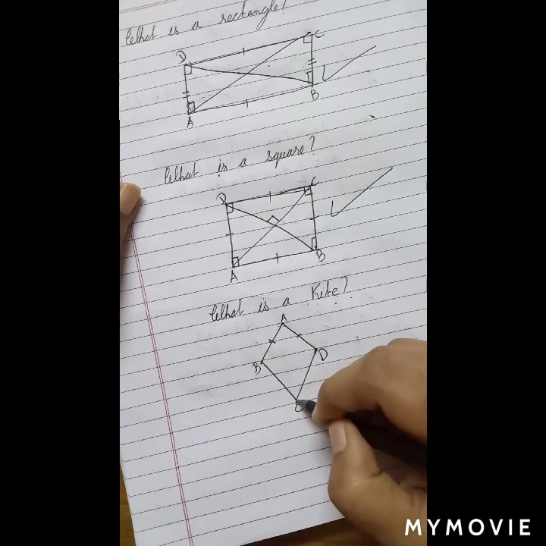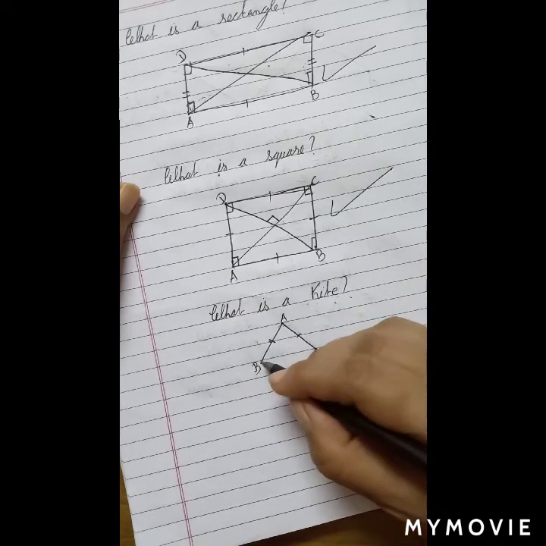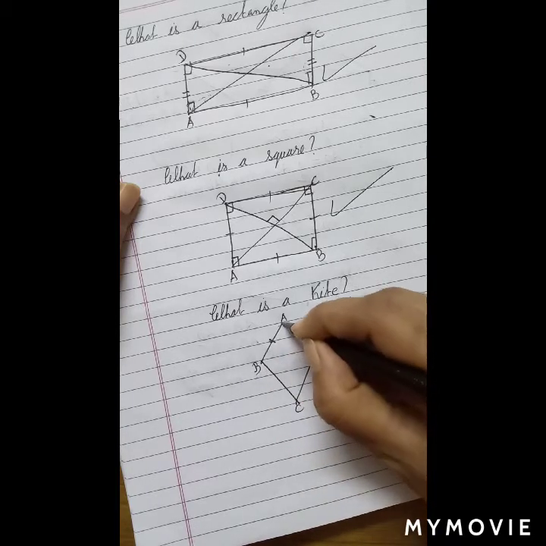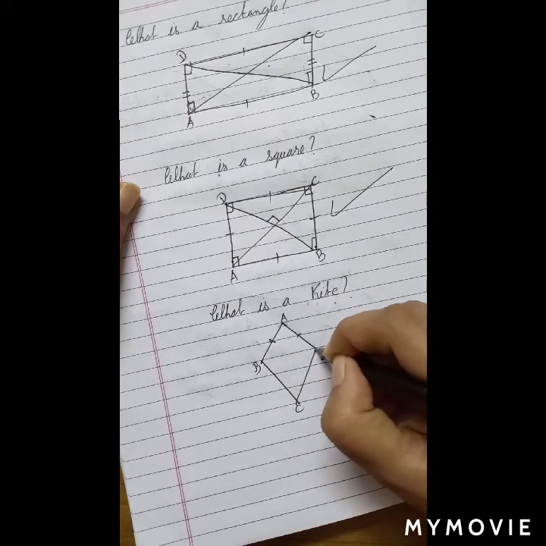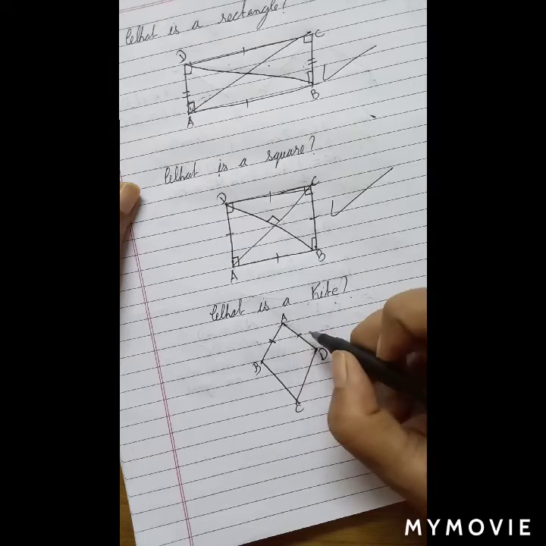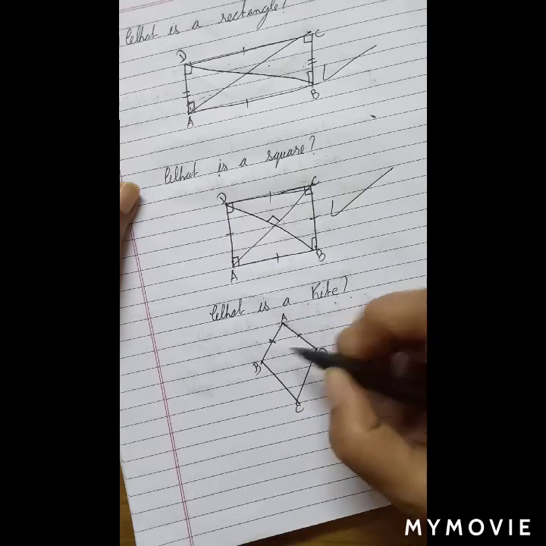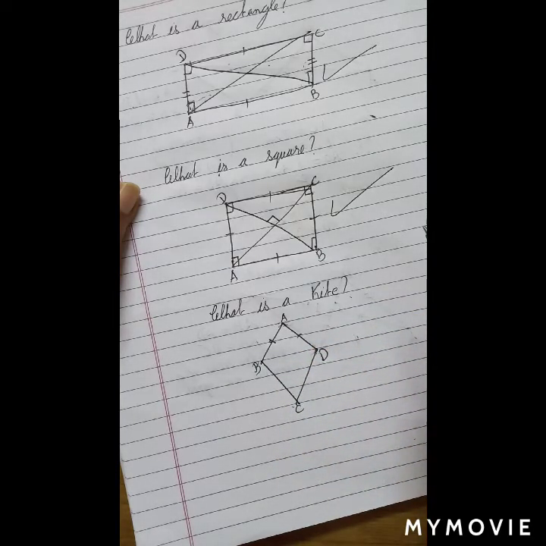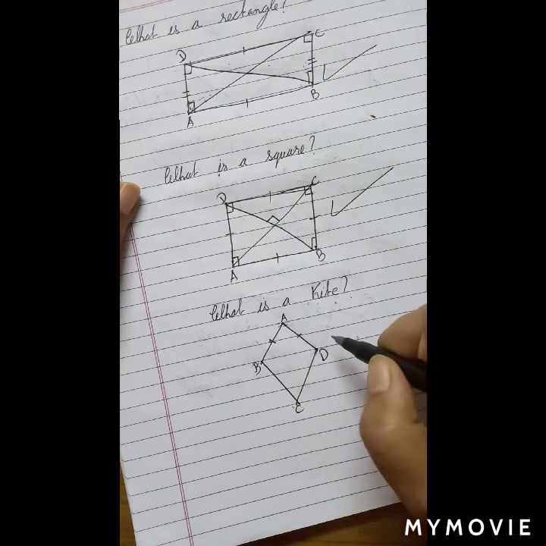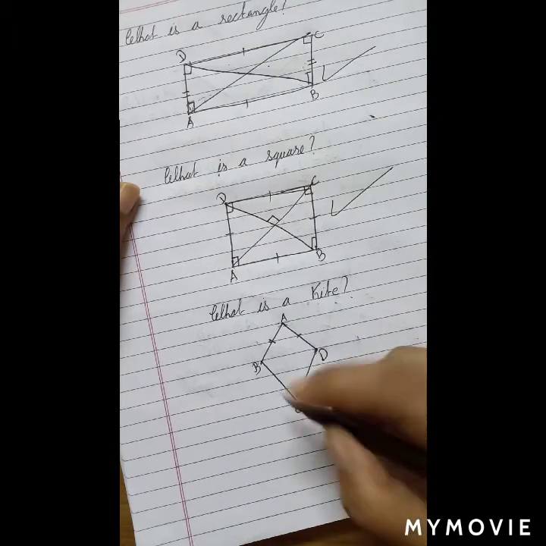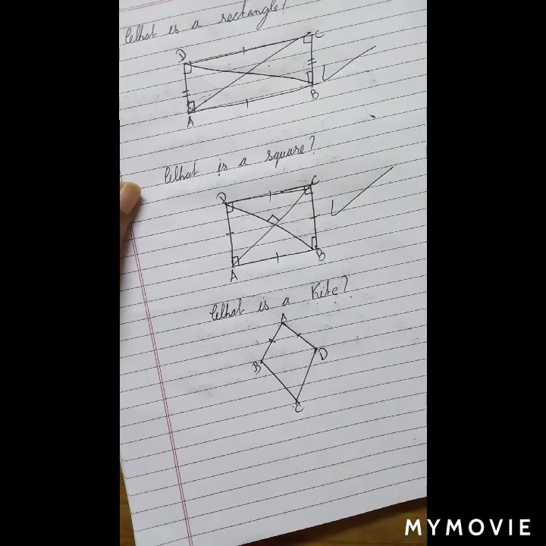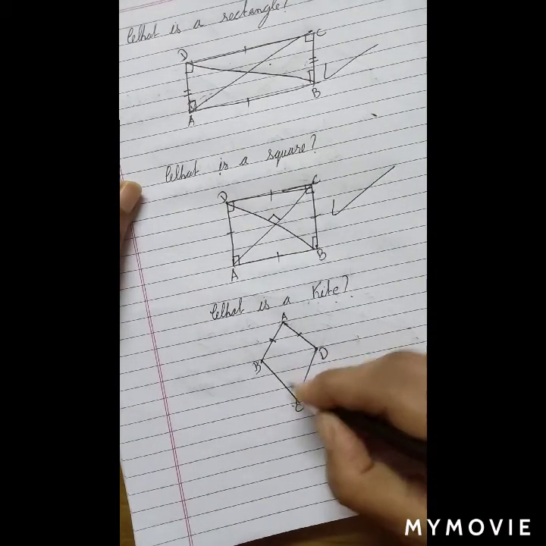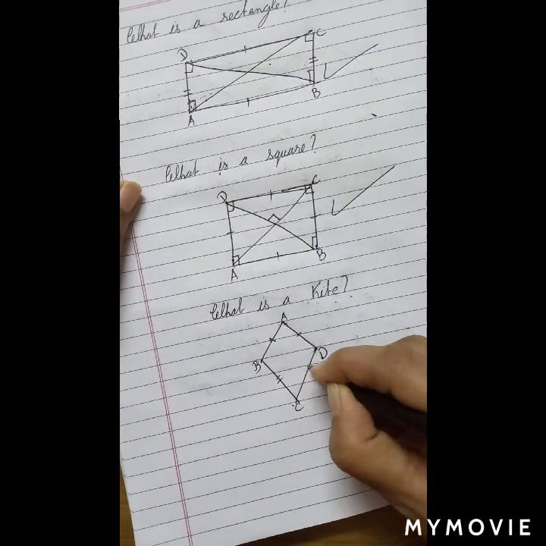No, it is not the case. AB is one side and it will be equal to only one side that is adjacent to it. AB is adjacent to AD as well as BC, but it is not going to be equal to BC. AB will be equal to AD and the side BC is going to be equal to CD.